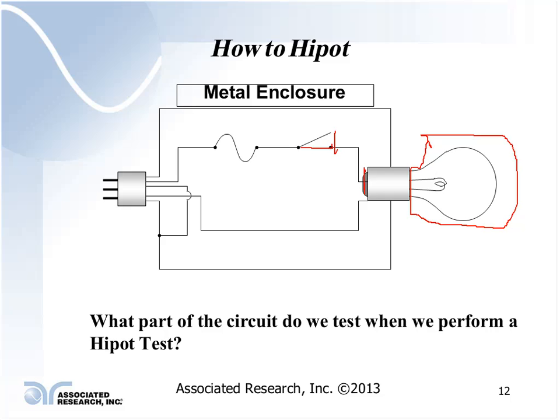If this switch is not closed, this circuit would not be tested if the bulb is not installed here. So whenever I do a Hipot test, I want to make sure that this switch is closed, otherwise this circuit never gets tested.